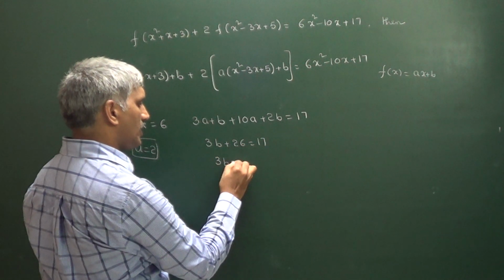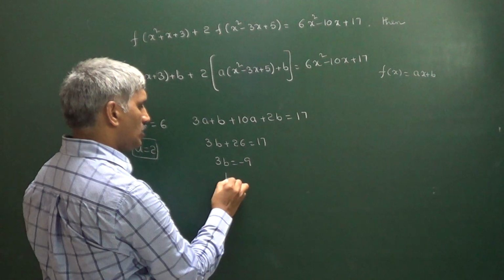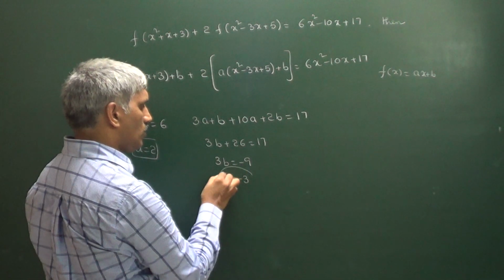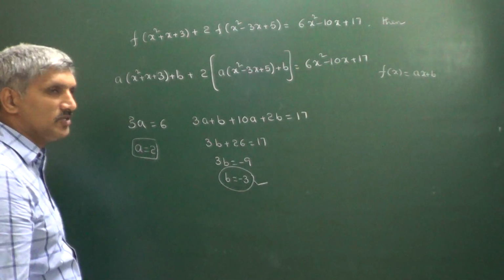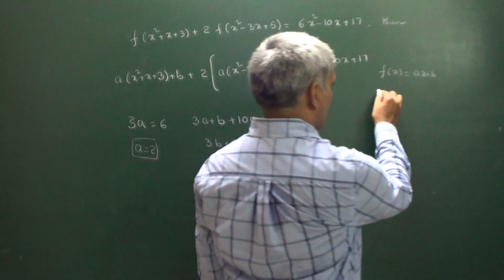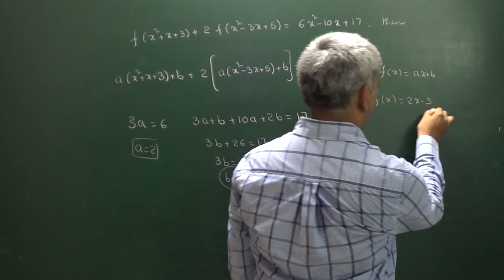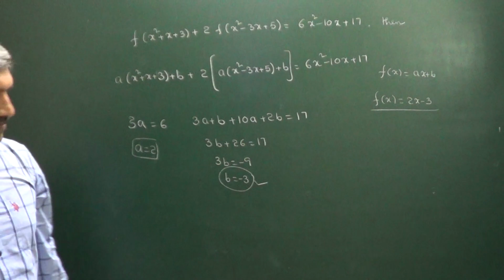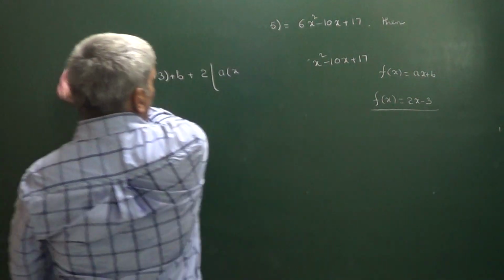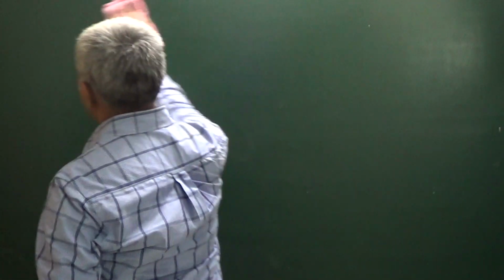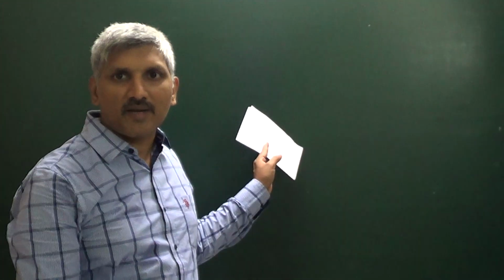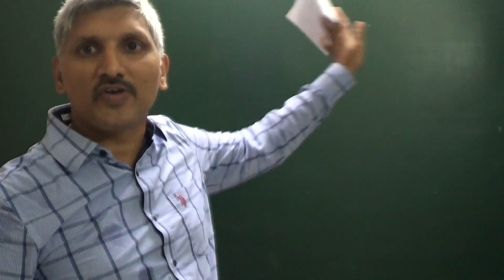Therefore 3b is equal to minus 9, and the value of b is minus 3. So we got the values of a and b, and the required function is f of x equal to 2x minus 3. That is the basic point you have to catch: f of a quadratic plus f of a quadratic equal to a quadratic again means that the function must be linear.